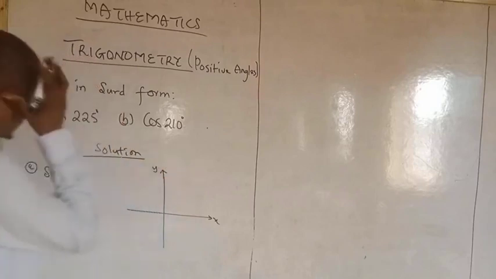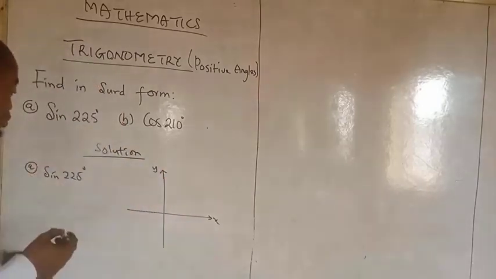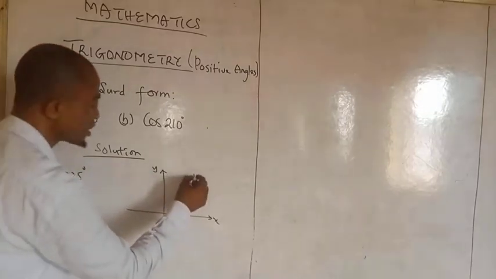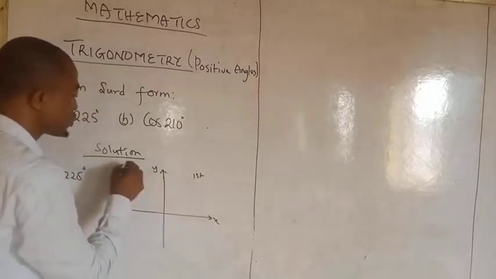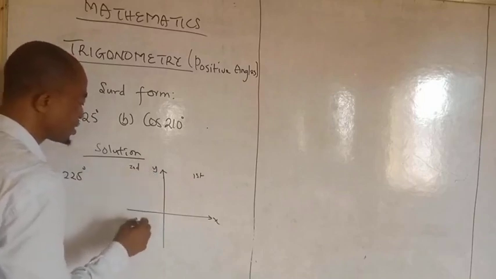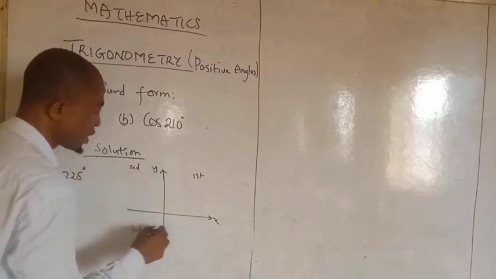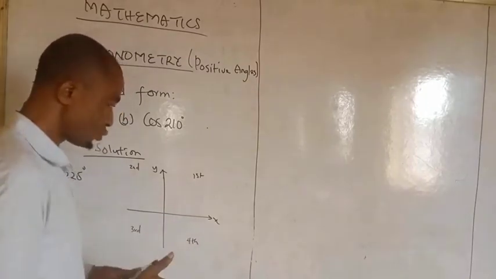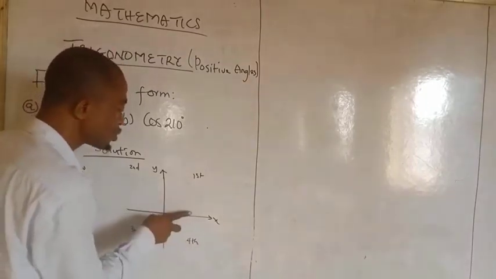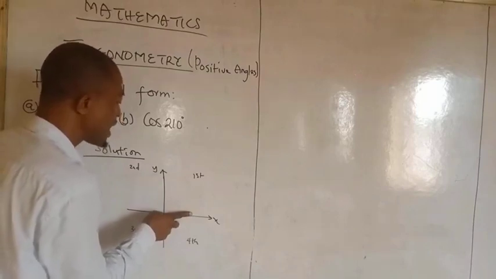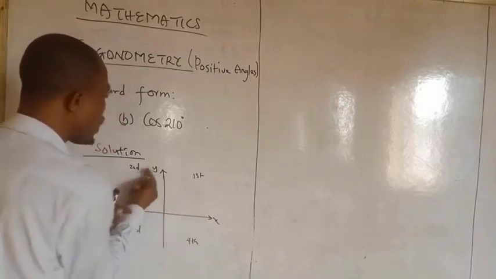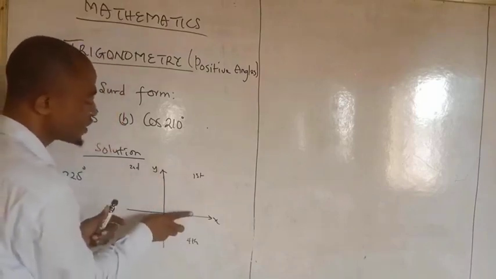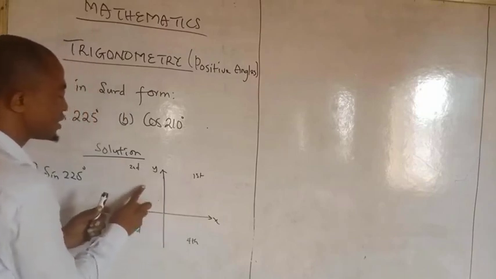So sine 225. This is the first quadrant, this is the second quadrant, this is the third quadrant, while this is the fourth quadrant. For positive angles, we go in an anti-clockwise direction, that is, from the first quadrant, it goes like this.